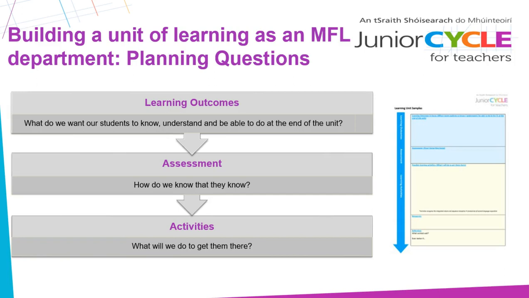You can also notice that the planning template has a blue section and a cream section. The blue section is the part of the plan dedicated to planning as a modern foreign languages department. And the cream section can either be used for planning on an individual basis or for collaborative planning.